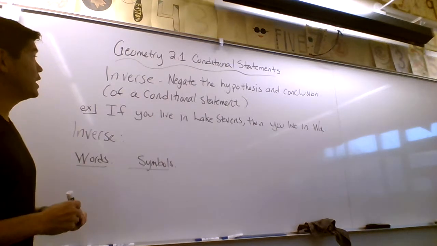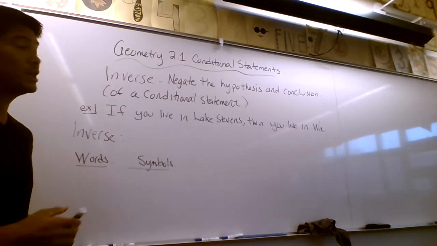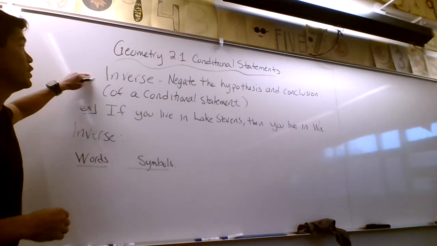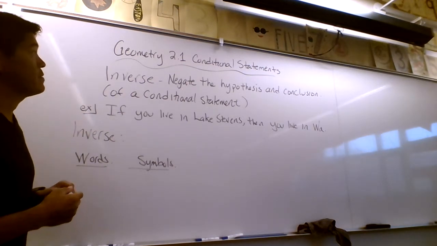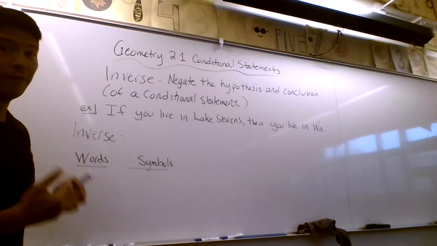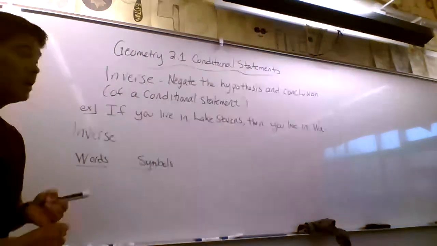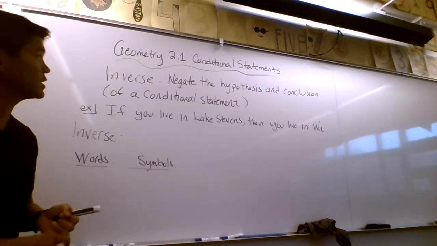So using the negation to write another related conditional statement, you could write the inverse. Remember, a conditional statement is in if-then form. A conditional statement has a hypothesis and a conclusion.